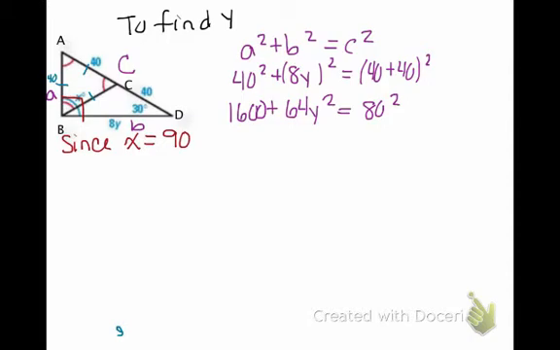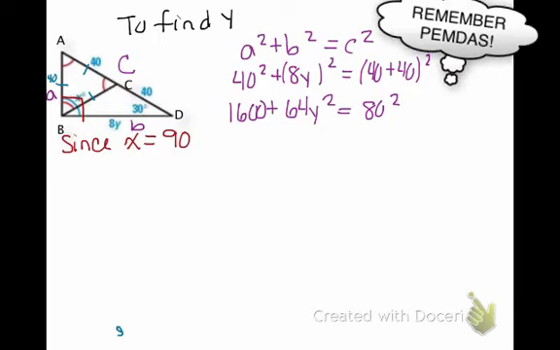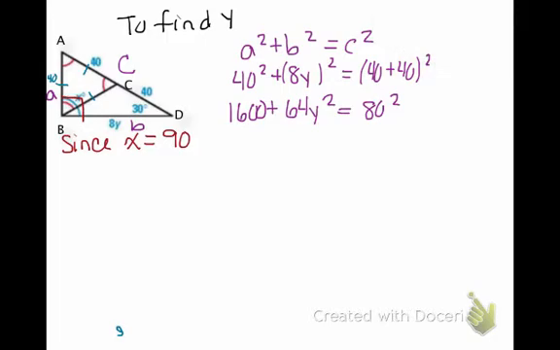When we distribute our squares, 40 squared is 1600, (8y) squared is 64y squared, and then we simplify in our parentheses and get 80 squared on the right hand side, which is 6400.